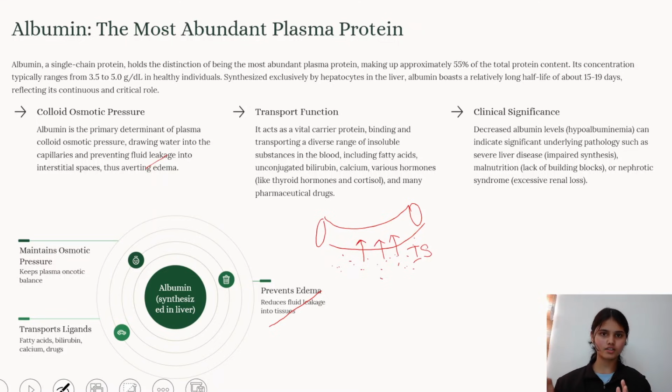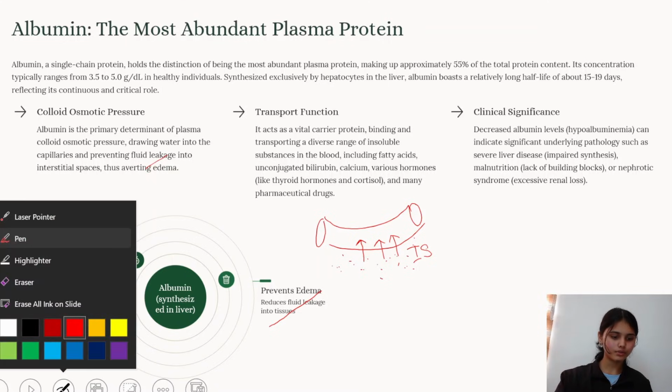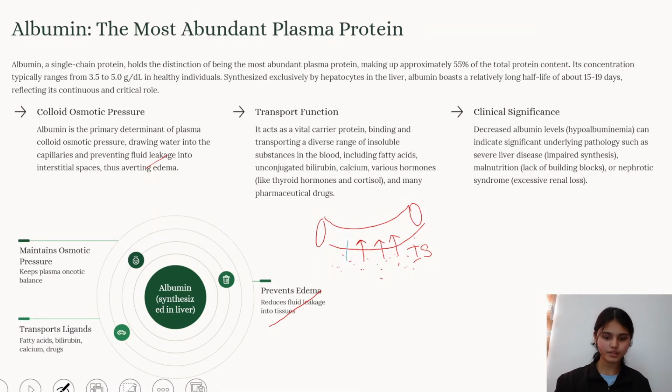Alright, in certain conditions such as liver cirrhosis. Why? Because the liver is the primary area where albumin is synthesized, and if the liver is damaged, there's low albumin. Because of the hypoalbuminemia, there is nothing that will pull the fluid from the interstitial space. Therefore, it causes accumulation of fluid in the interstitial space.